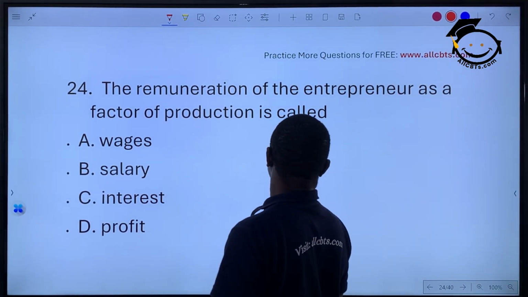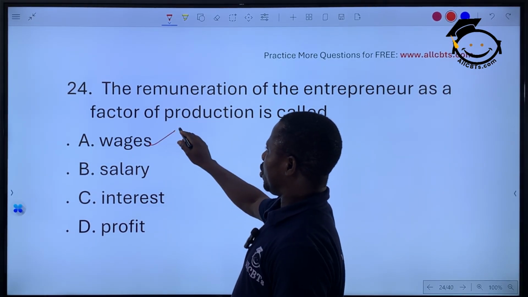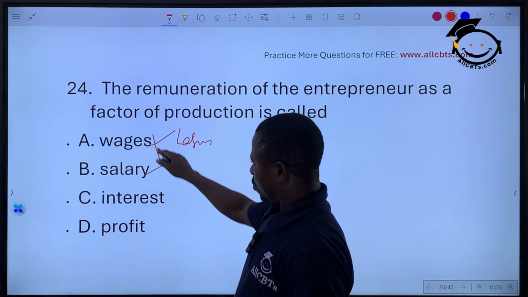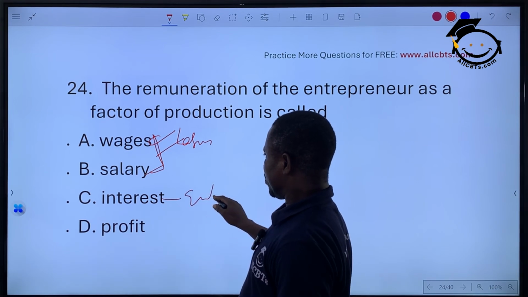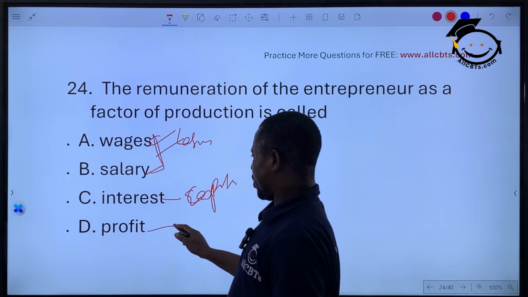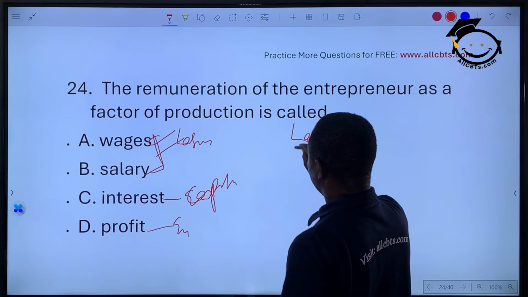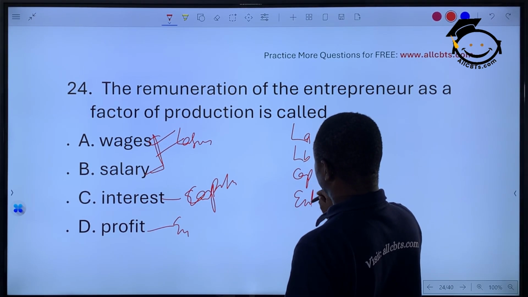The remuneration of the entrepreneur as a factor of production is called? Wages is for who? Labor. Okay? Salary is for who? Salary and wages are the same thing for labor. Okay? Interest is for who? Sorry, interest is for capital. And profit for entrepreneur. We have 4 factors of production: land, labor, capital, and of course, entrepreneur.